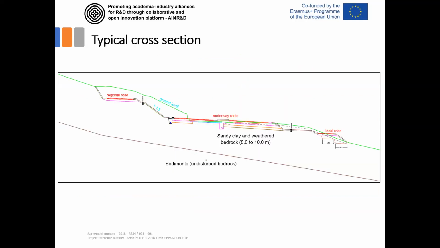The typical cross section introduced these sedimentary rocks and about 8 to 10 meters of very weathered bedrock and sandy clay materials. This is the cross section, this is the regional road, this is the highway road, this is the local road, and down here is the river basin.